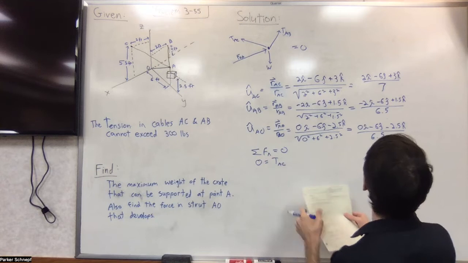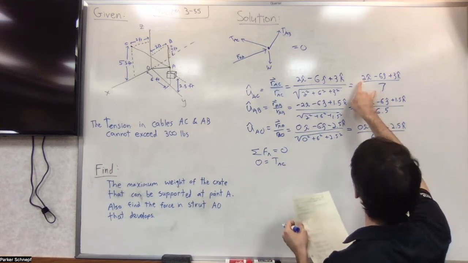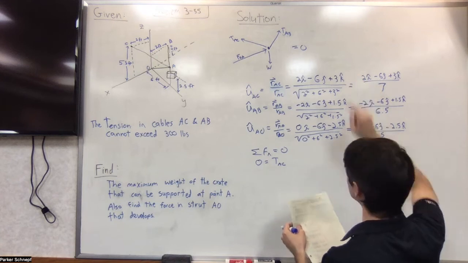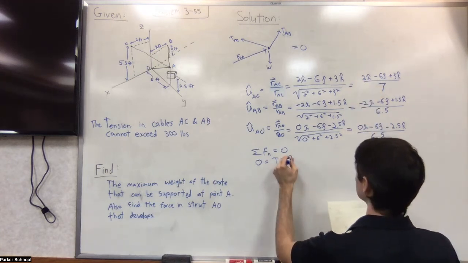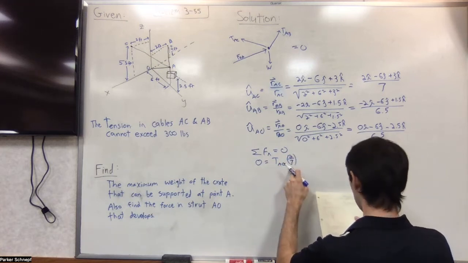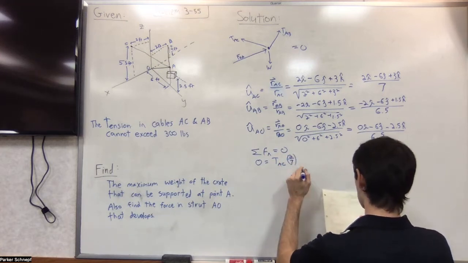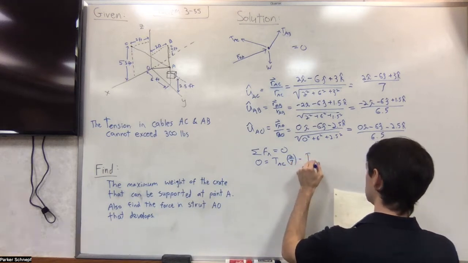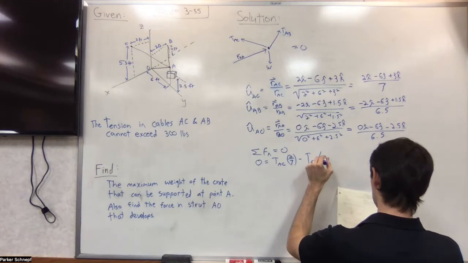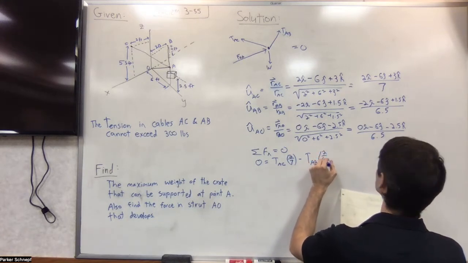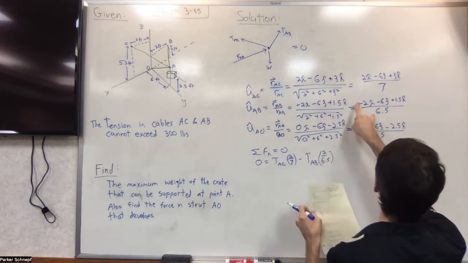I can just take the x part of my unit vector and multiply it to get my x component of that. So TAC 2/7 minus TAB 2 divided by 6.5, right?